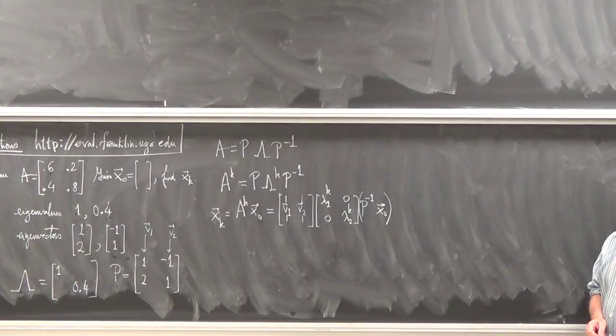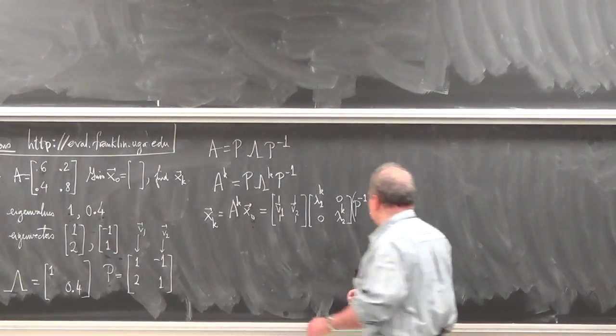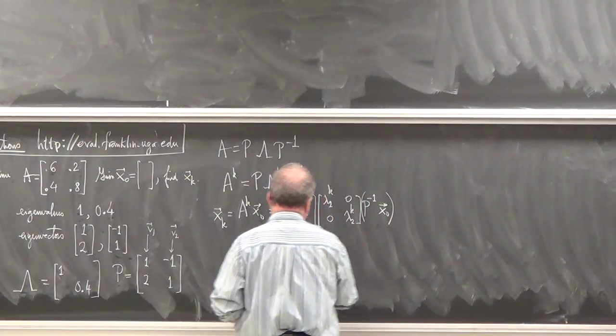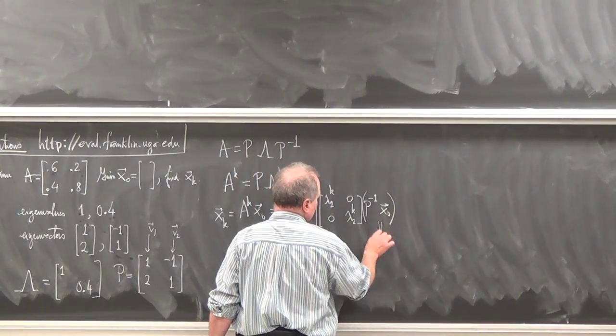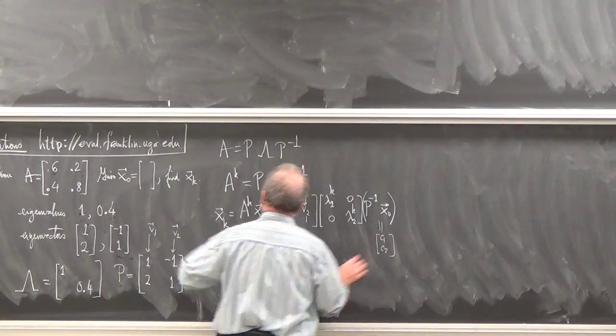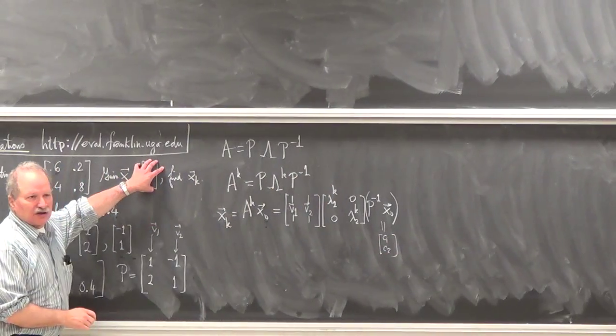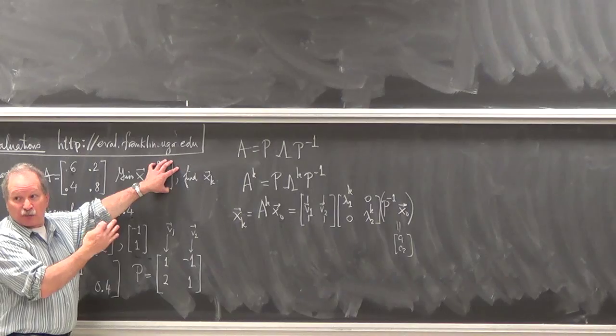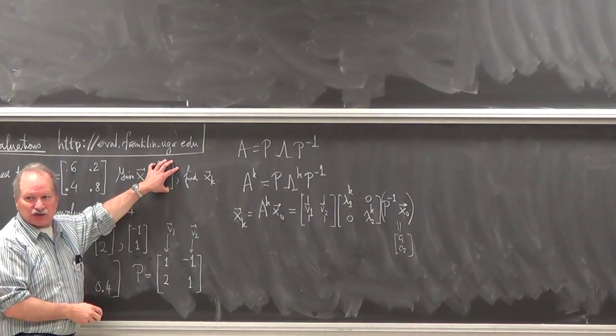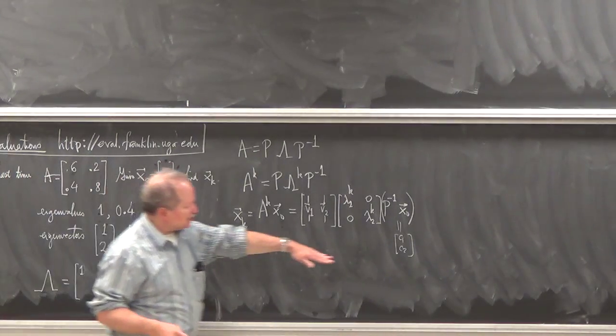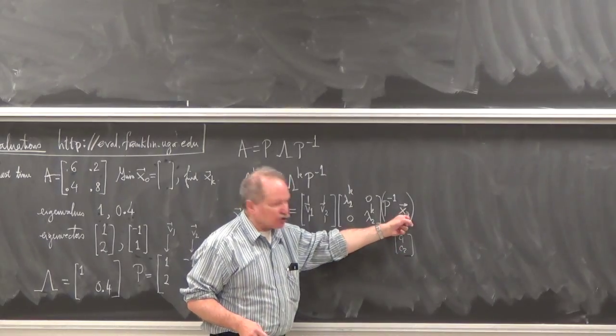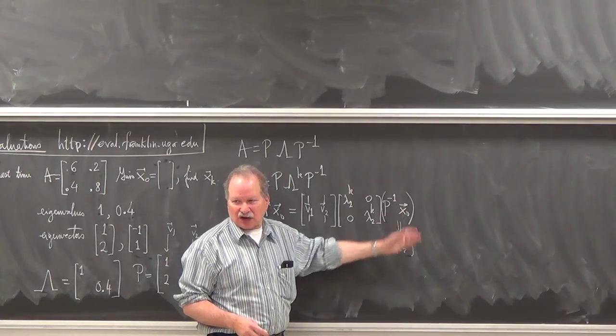Agreed? So what do you see happens here? This is some vector of constants. You take whatever numbers are in your initial vector, you multiply that vector of numbers by P inverse, you get a vector of numbers. So these constants are determined by your initial condition and the P inverse matrix, but they're constants.